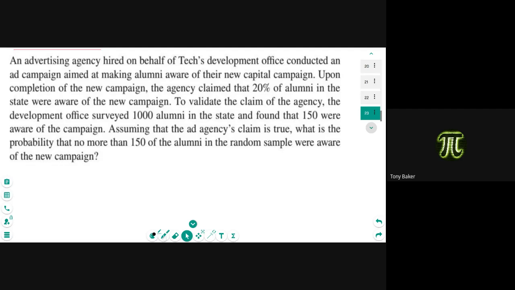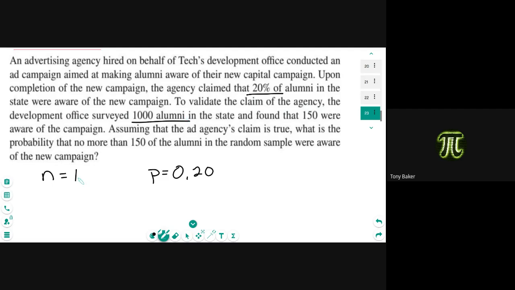All right, so let's look at this. It says the agency claimed that 20% of the alumni were aware of the new campaign. So P is going to be what? 0.2, 20%. To validate the claim, the agency developed a survey of 1,000 alumni in the state.